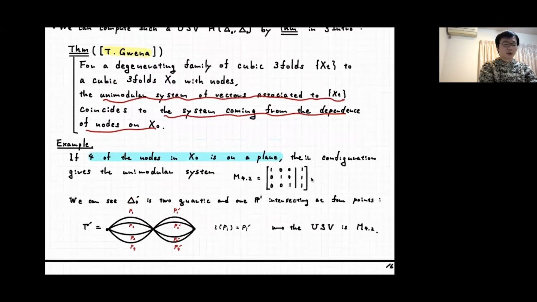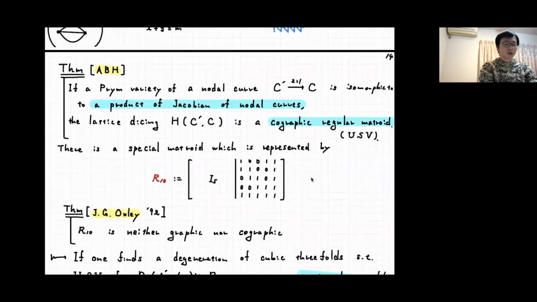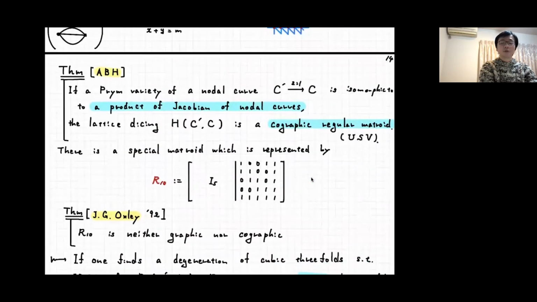But the reason why this R10 is very special is that it is not graphic and cographic. On the other hand, when the Prym variety is a product of the Jacobian, in such a case, it is given by cographic. Also, I'm sorry, because of time, I cut a lot of discussion, but there is a more general theory by the ABH.